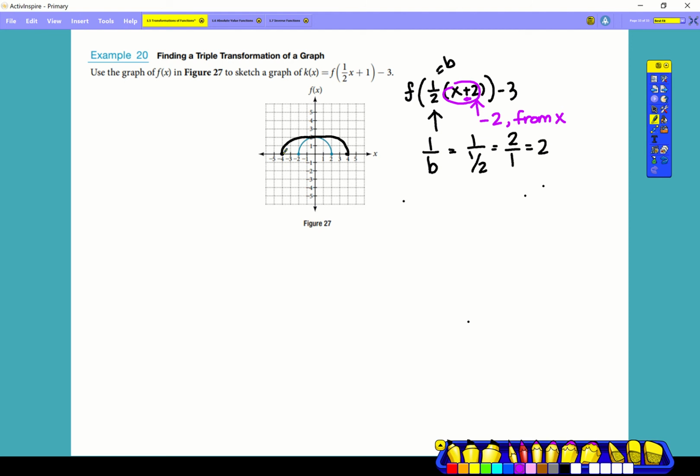So here we are going to get, what, -4 minus 2? And then we're going to get something like this. And where is it going to equal 0? At -2. So we're going to now have something like this.